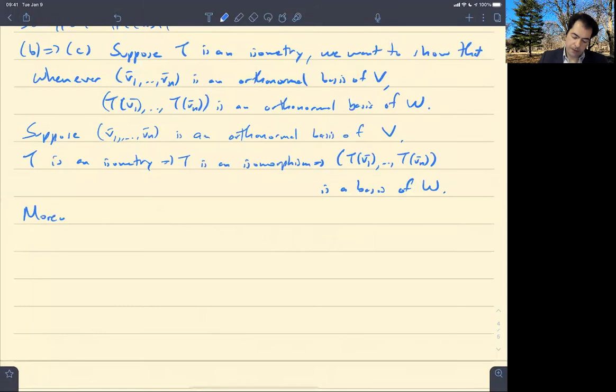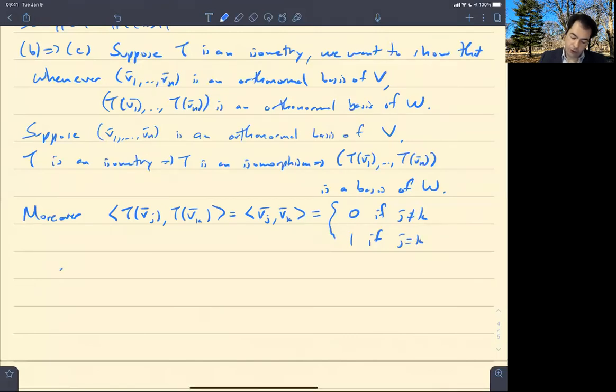So let's say, moreover, the inner product of T of vj with T of vk, because T is an isometry, is equal to the inner product of vj with vk, and that's either equal to 0 if j is not equal to k, or 1 if j is equal to k. So this basis, T of v1 through T of vn, is an orthonormal basis. Excellent, so that's what we wanted to show.